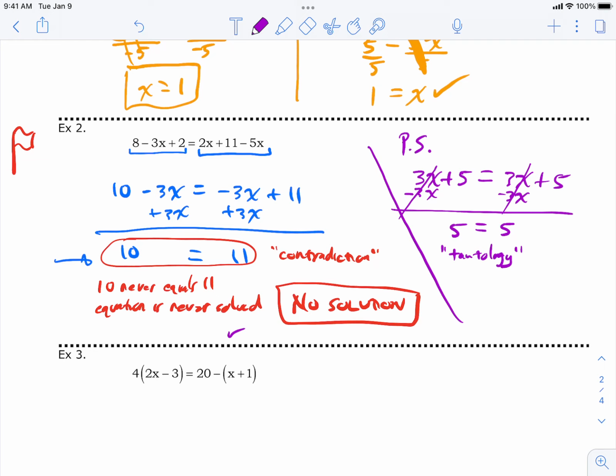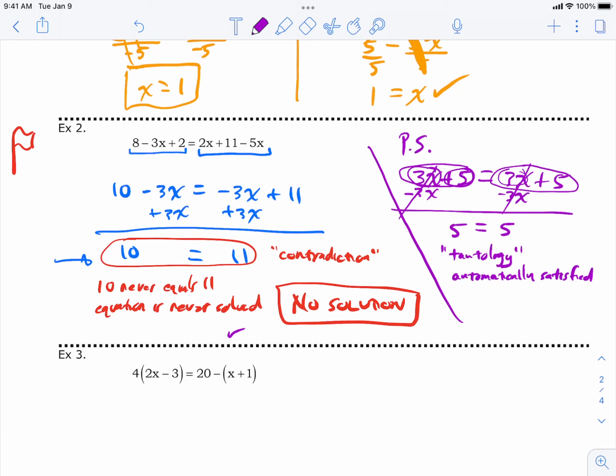Of course it's true. It's automatically satisfied. Let's put it that way. 5 is always equal to 5. So what does that mean? That means that this equation is automatically satisfied, and it doesn't matter what you plug in for x. If I plug in 1 for x, I'd have a 3 plus a 5 is an 8, of course.